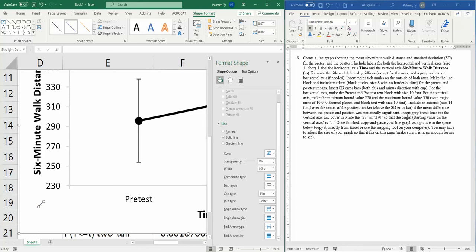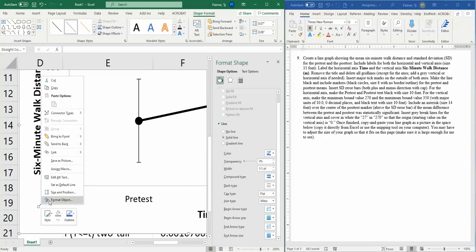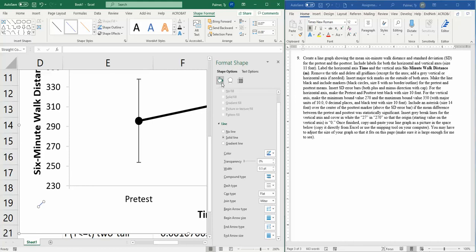It says here in the instructions we need to insert gray break lines. So with the line highlighted like it is here, right click, Format Object, go to Paint Bucket, go to Line, go to Solid Line, then go to Color, and then you can change that to gray. To match the color gray of the axis, you can select this gray right here, and that should work out fine.